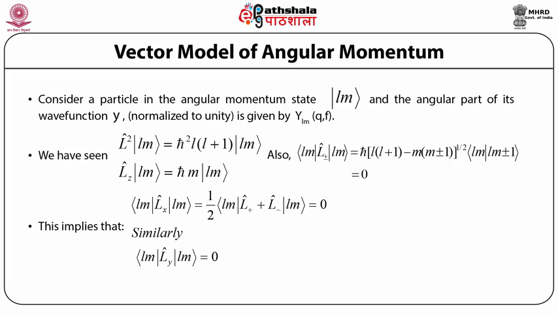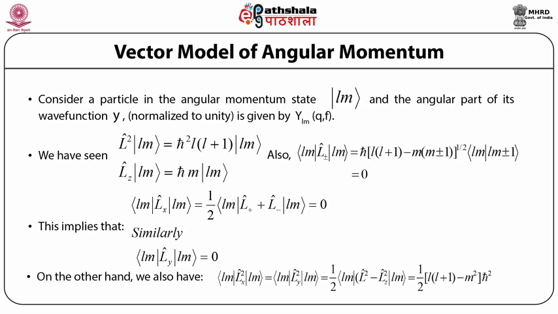Similarly, if we find the expectation value of operator Ly, that is the y component of the orbital angular momentum operator, so we find bra vector Lm operator Ly ket vector Lm, and this also turns out to be equal to 0.